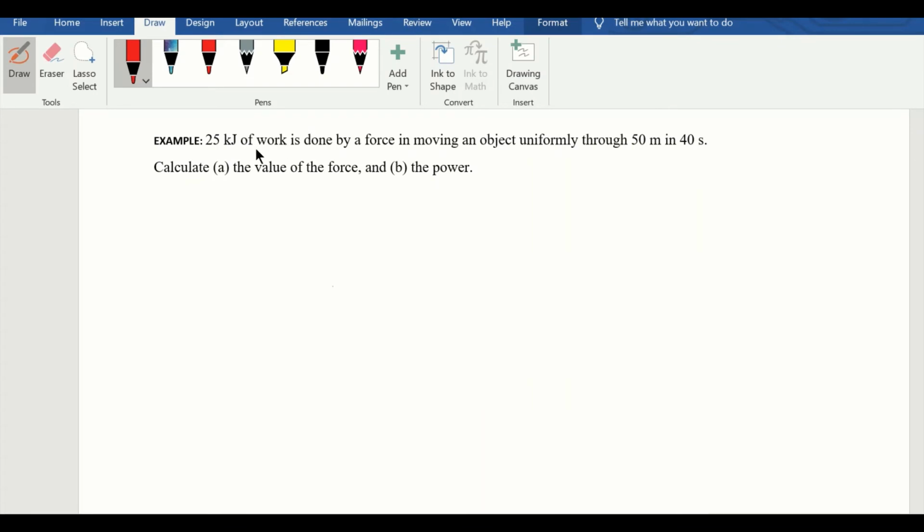Now, from this question, I am given the work. My work is given as 25 kilojoules. If you don't mind, you can convert it to joules. It becomes 25 times 1,000, which gives us 25,000 joules.